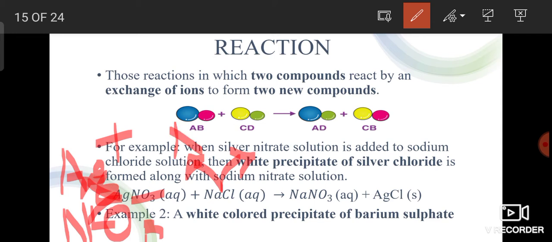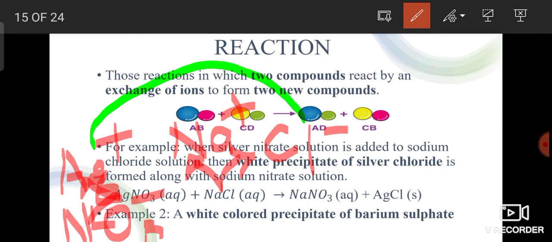The cation will be sodium ion, Na plus, and the chloride ion, which is Cl minus. Now what happens? There is going to be exchange of ions. The cation produced from reactant 1 will combine with the anion produced from reactant 2. So who is going to combine? Silver ion will combine with chloride ion, and sodium ion will combine with nitrate ion.